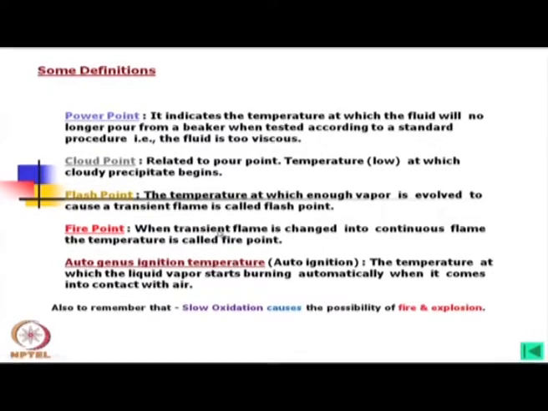Also remember that slow oxidation causes the possibility of fire and explosion, which we have to keep in mind. So while selecting an oil for the environment where we are using the machines, we have to consider all such things.